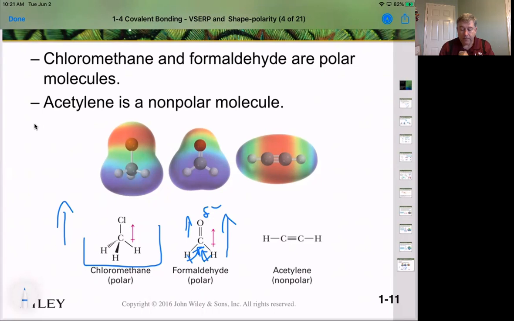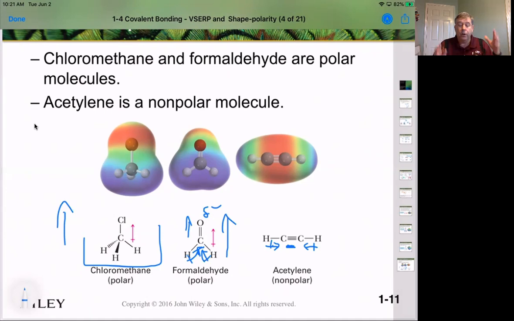Now, right here, these are almost non-polar bonds between each other, so there's no pull either way here. There's a slight pull toward the center for the carbons because hydrogen is 2.1 and carbon is 2.5, so carbon is a little bit more electronegative, but they cancel each other out because they're facing in equal and opposite directions, meaning acetylene is a non-polar molecule.